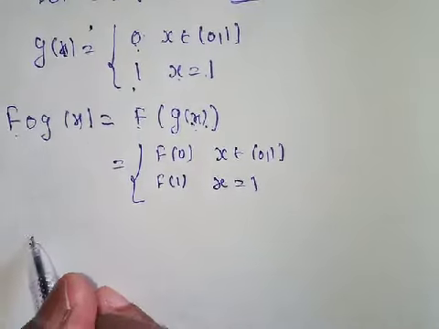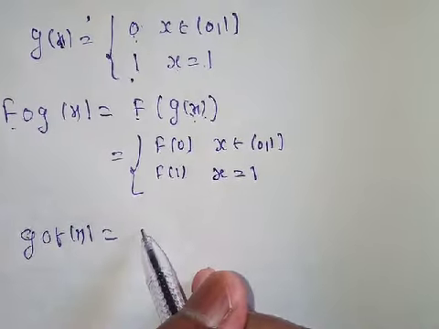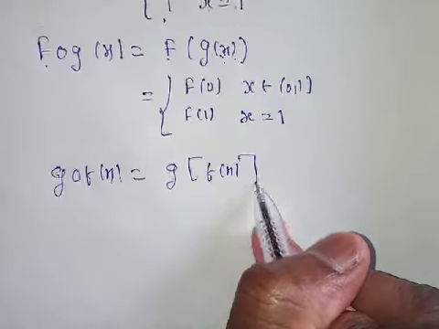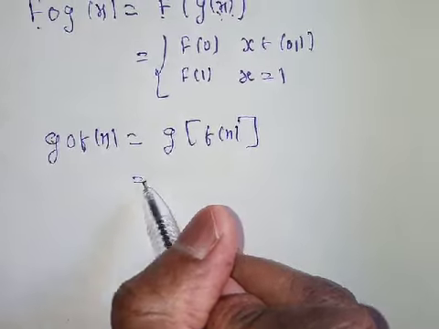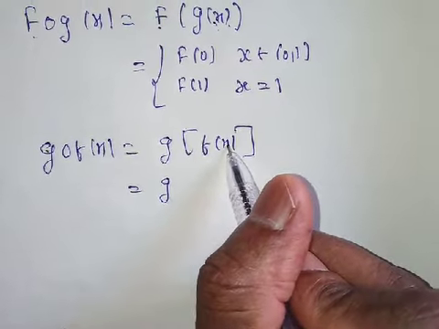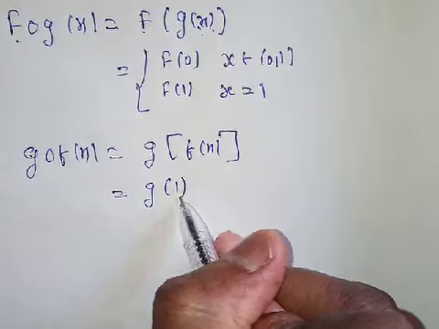Let's check for gof x. Gof x means g of f of x. What is f of x? You have to say f of 1. F of 1 is what? F of 1 is 1. So it will become g of 1.